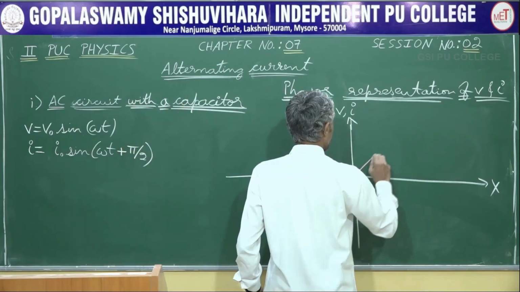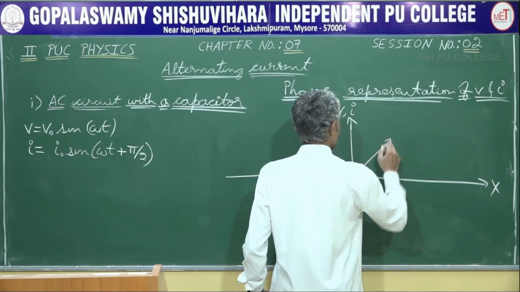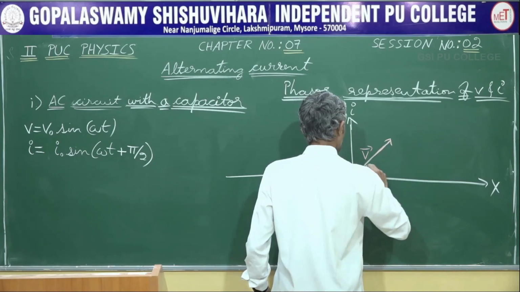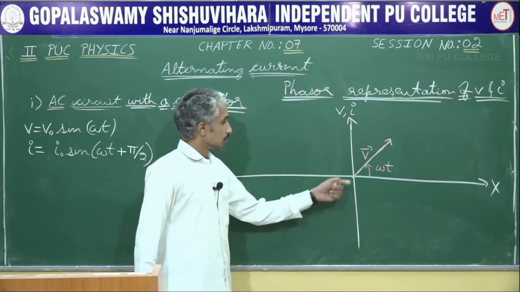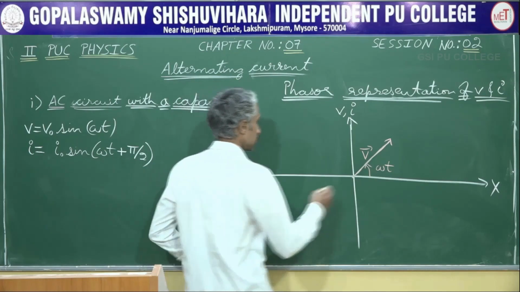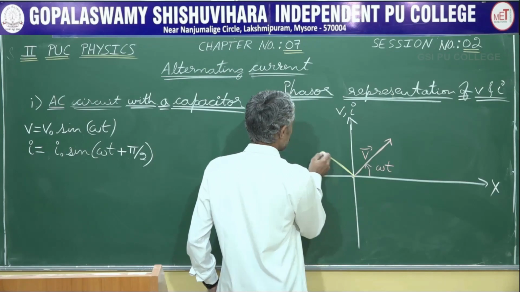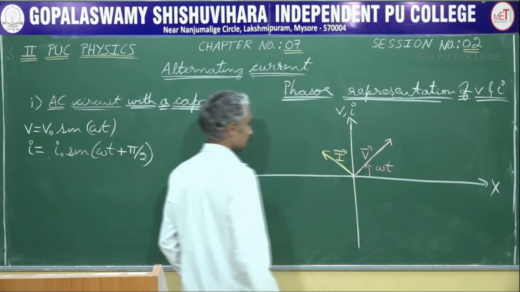First, let me begin with the voltage, the phasor representing the voltage. The current leads the voltage by 90 degree, therefore, 90 degree ahead you will have the current phasor.